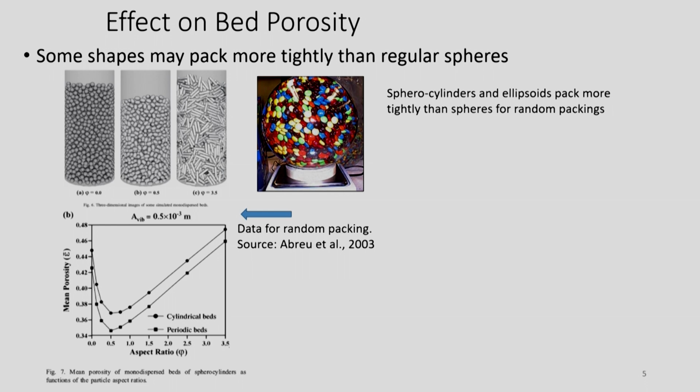Usually not balls, right? Elliptical, or it's called spherocylinders, right? Spherocylinders and mostly ellipsoids pack more than a regular spherical or cylindrical particle. Again, this is a simulated image. You can see that compared with a spherical particle and a cylinder, a spherocylinder will have a better packing.